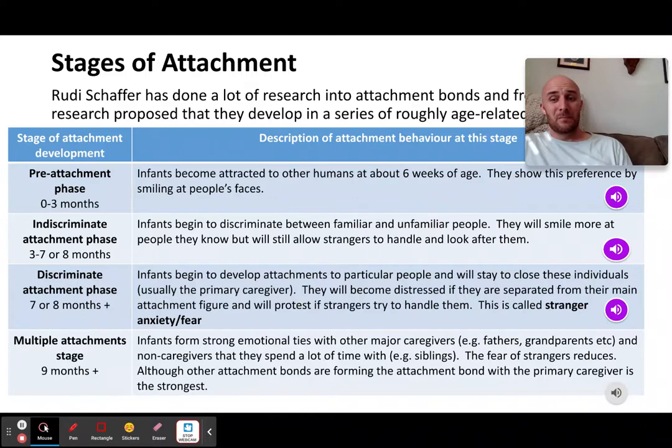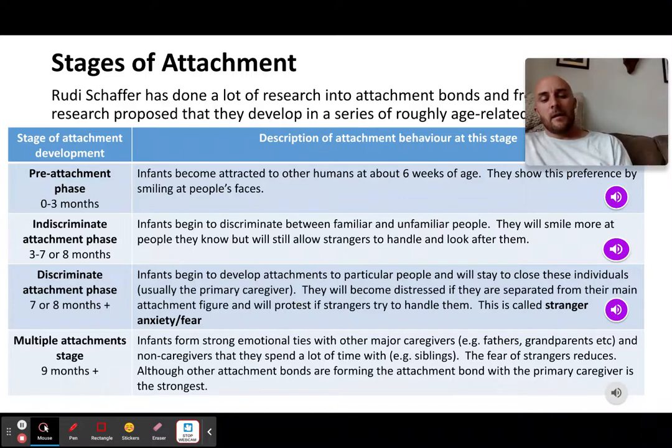And it will typically be the parent who spends most time with you, which typically in society is the mother, though not always. So infants begin to develop attachments to particular people. They become distressed if they're separated. And this is where stranger anxiety appears. You don't like being picked up by a stranger. You don't like being separated from your caregiver.